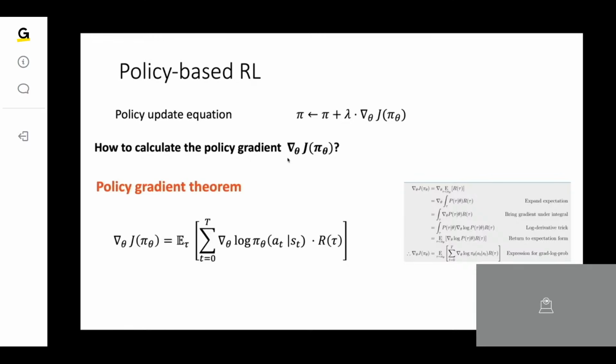This is where the policy gradient theorem comes in. I'll not go through the derivation of the theorem, though it's not super hard to follow. It is present in the slides, and you can take a look at it offline. But the idea is that you can manipulate the terms and bring this gradient inside the expectation term. So now you see this probability term.